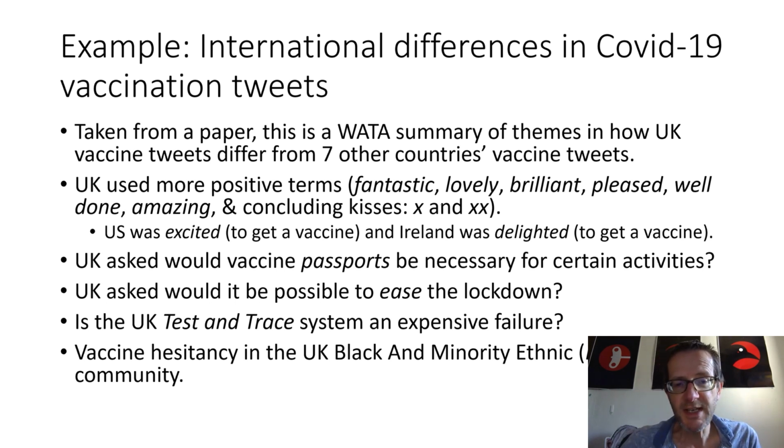So this again was distinctive of the UK compared to the 7 other countries. The output of the study was a set of themes for the UK, and there are also themes for the other countries investigated at the same time. So a large set of themes, one set for each country.